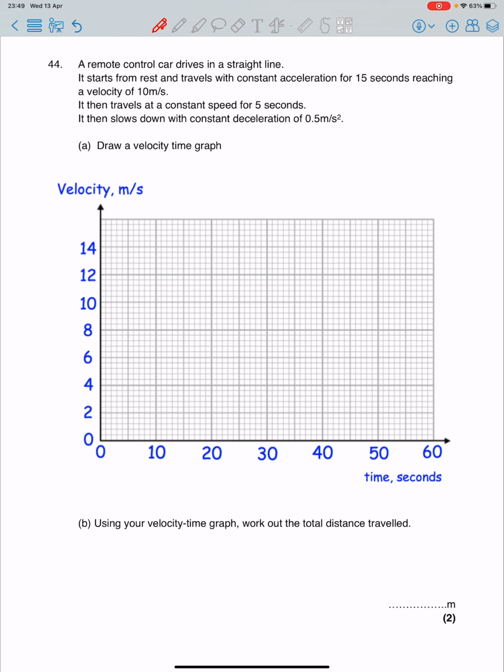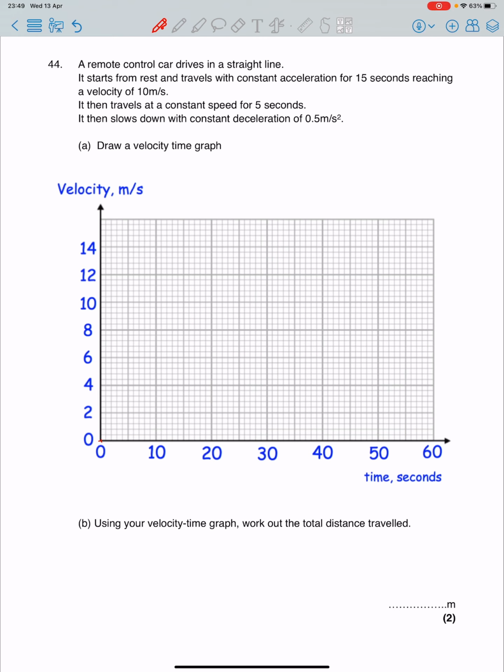Okay, this is pretty okay. So we've got a velocity time graph, and it says it travels from rest, so we start at 0, 0, that is. Constant acceleration for 15 seconds, reaching a velocity of 10 meters per second.